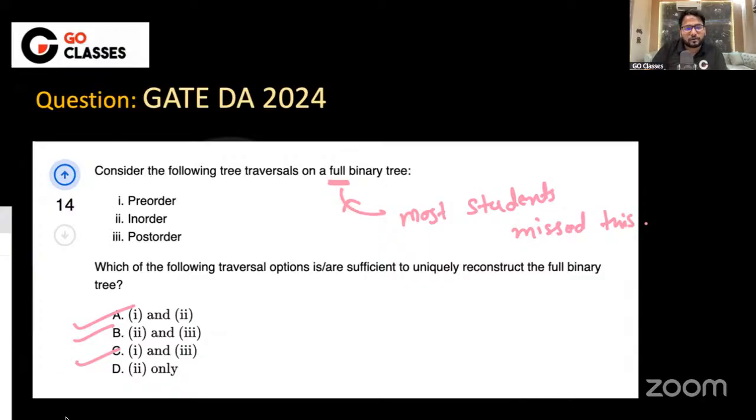Now, let me tell you one more interesting case, which is for the complete binary tree. This is one more which has not been asked in GATE till now, but they may ask it anytime.